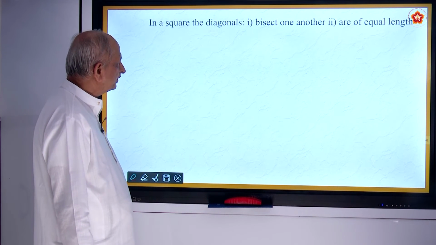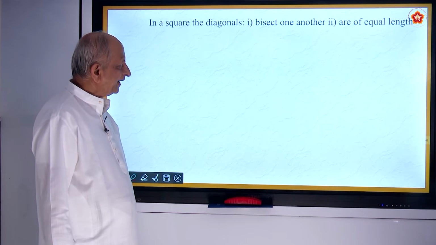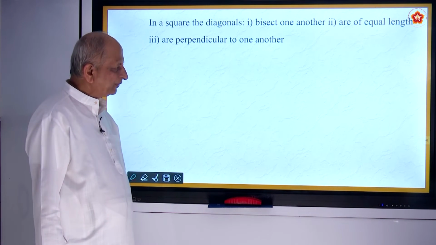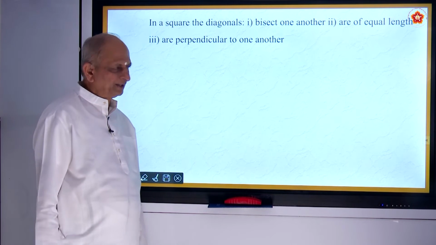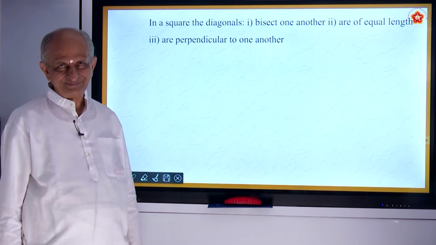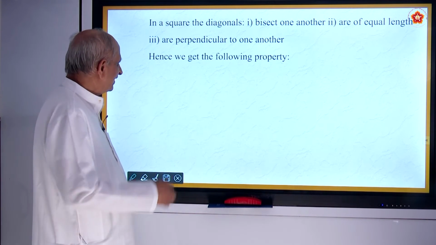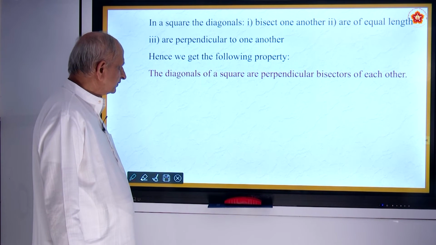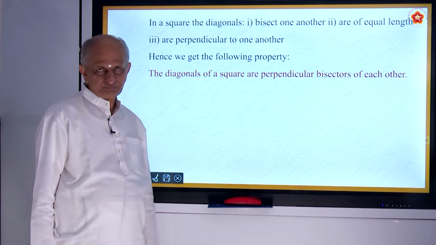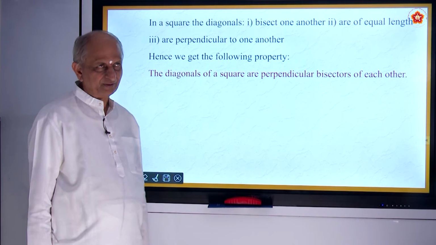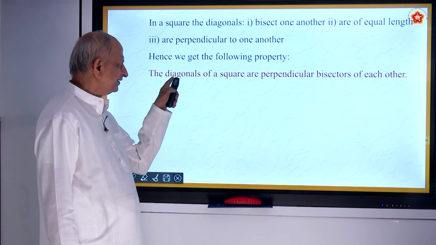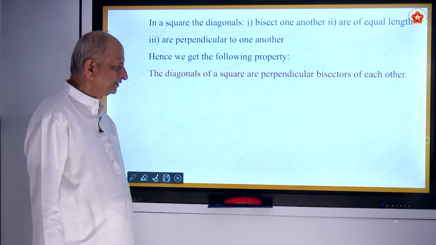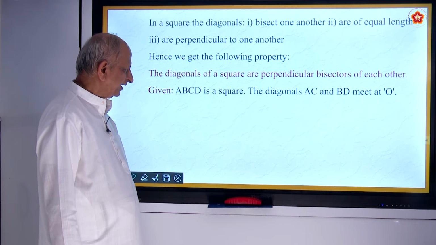And also we have seen in a square diagonals bisect one another and the two diagonals are of equal length. The two diagonals are perpendicular to each other, correct? And so we have one more property we'll prove by first principles, or by logic. Diagonals of a square are perpendicular bisectors of each other, means the two diagonals bisect at right angles.